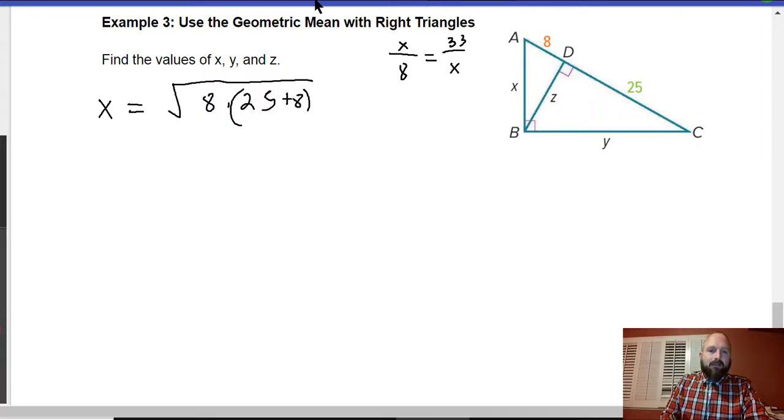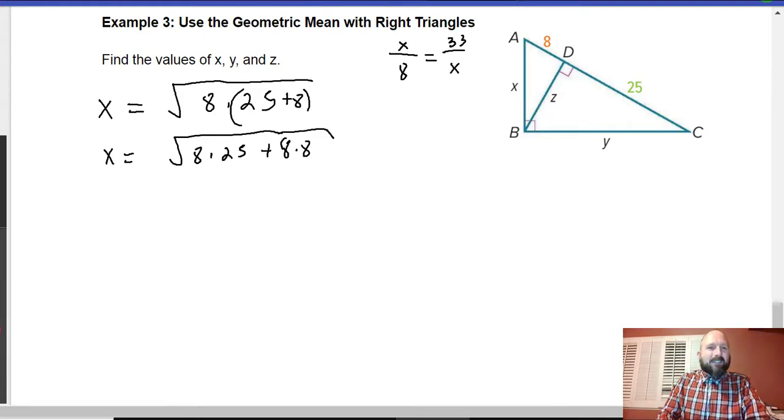So x is equal to the square root of 8 times 25 plus 8, times 8. All right, so looking at this, I can now solve this. Using my calculator, I get x is equal to the square root of 264.